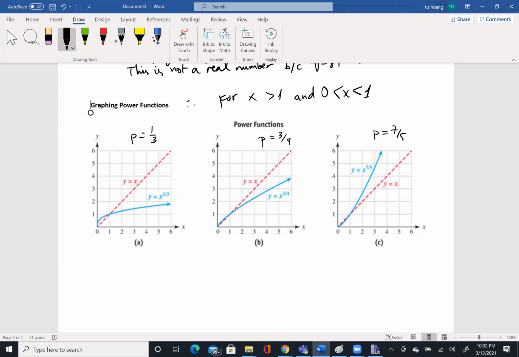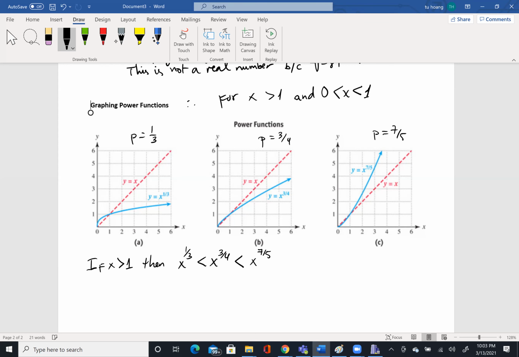So I can see that if x is greater than 1, then x to the power 1/3 is going to be less than x to the power 3/4, which is less than x to the power 7/5, right?